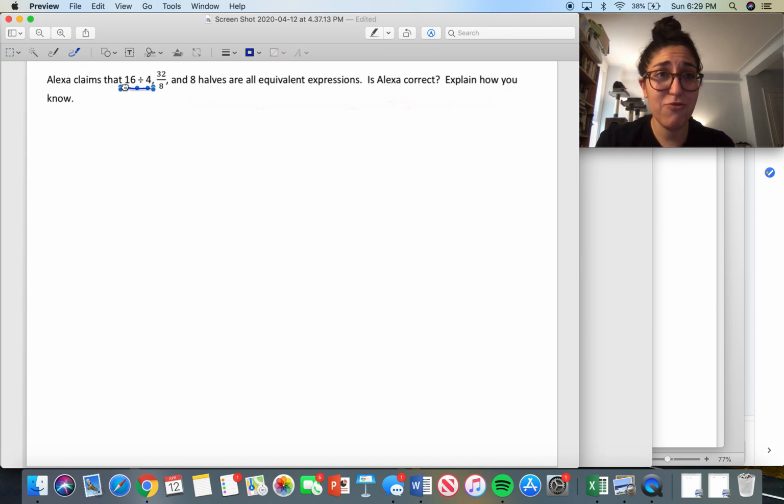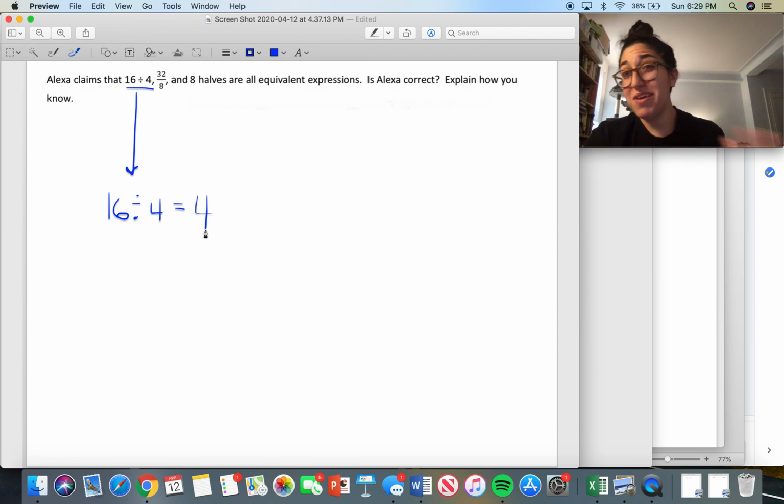16 divided by 4 is 4. Because what I'm doing is taking 16 of something, 16 iPhones, 16 people, and breaking it up into groups of 4, or into 4 groups.